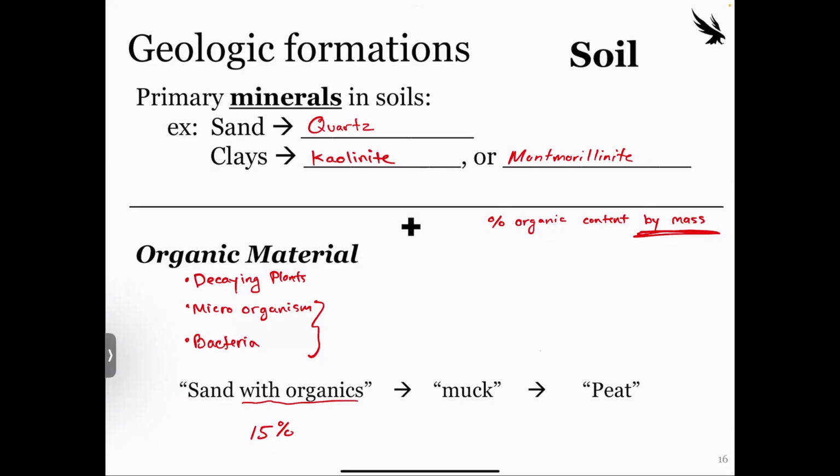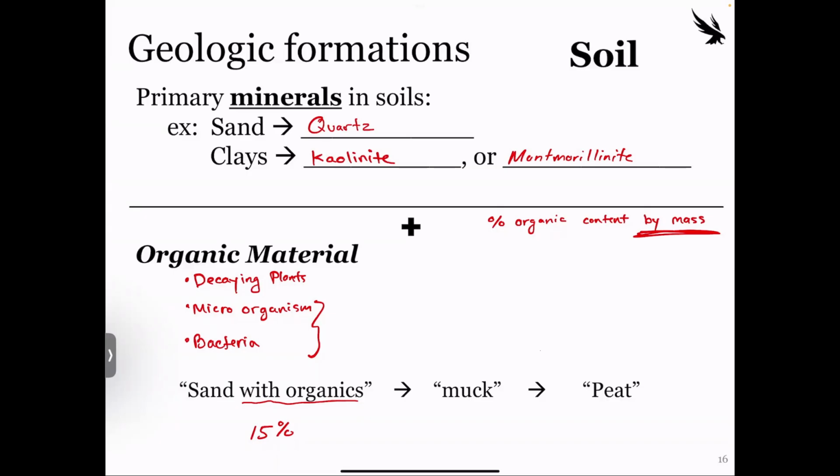Probably the quartz, right? The organic material is water and plants and everything. So this 15% is by mass, not by volume. If we have 15% organics in our soil, then usually it's pretty discernible. You can see a lot of organics in there.